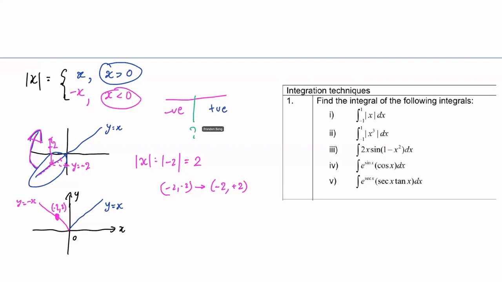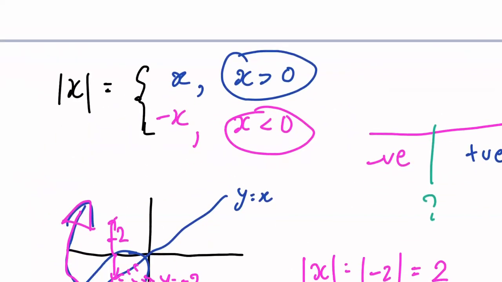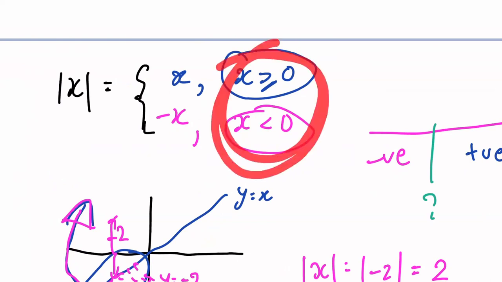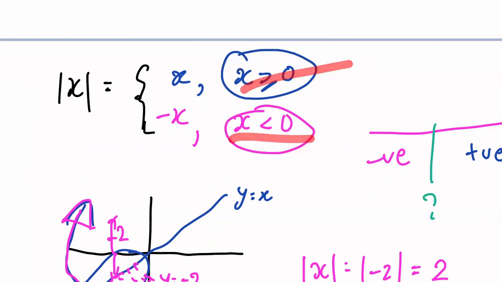So in order to fully define a function, I have to put in an equal sign somewhere, either at the top or at the bottom. Just choose one. It doesn't matter, because when x equals 0, positive x is 0, and negative x, -0, is also 0. This is important, the domain of a function: you must cover all the x values if possible.